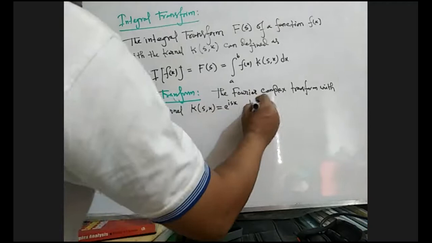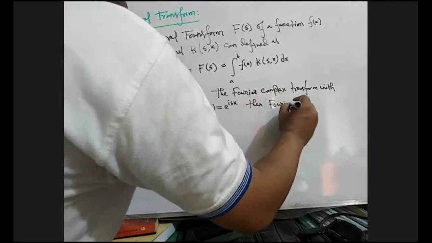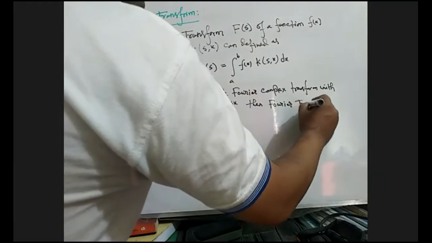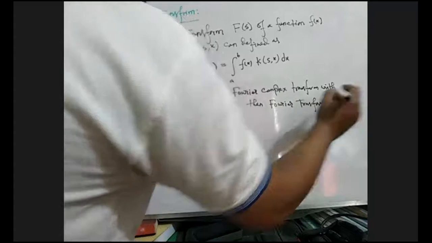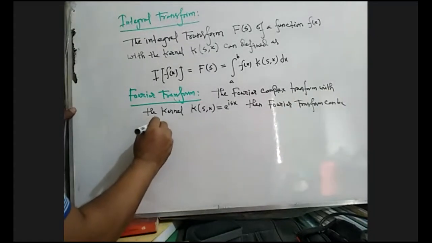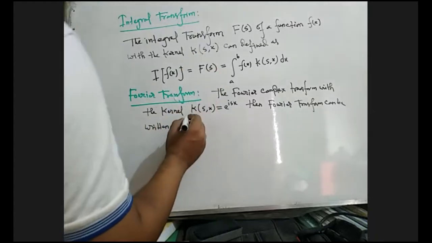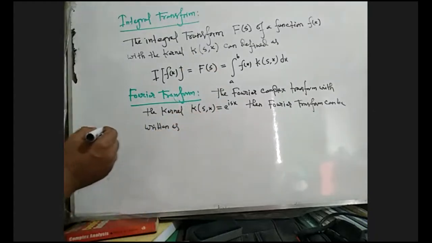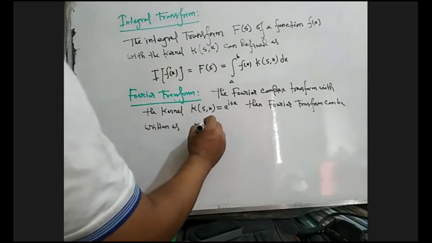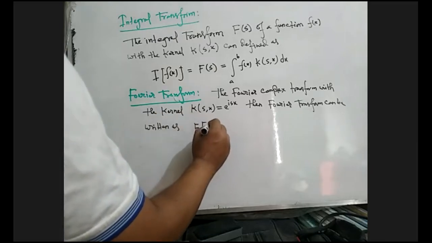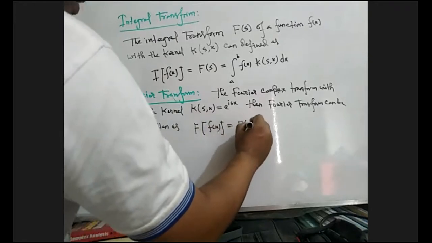Then the Fourier transform can be written as F of s.